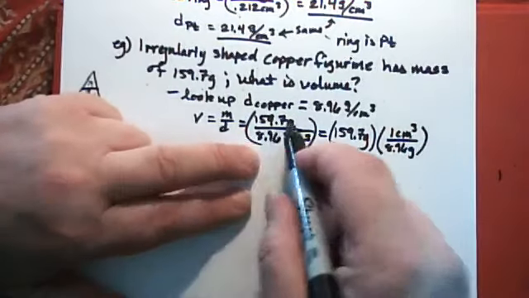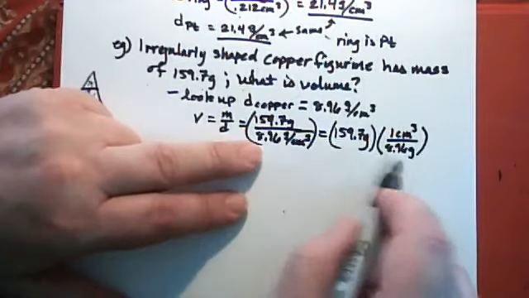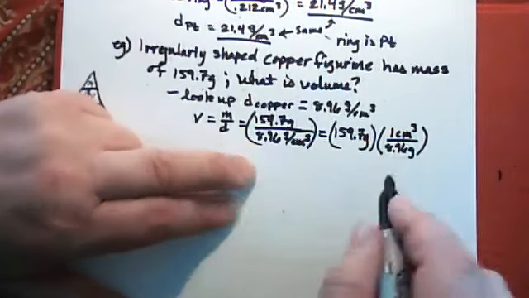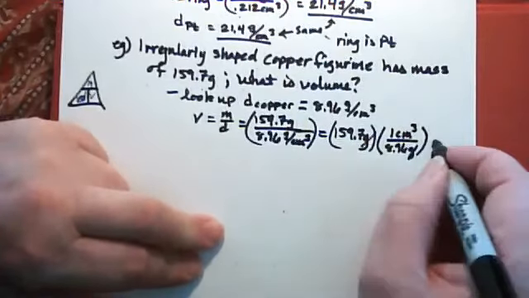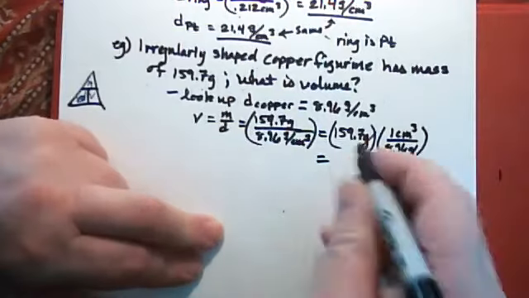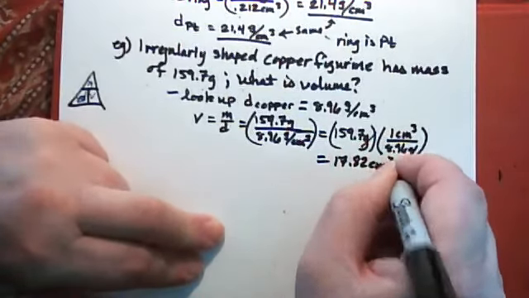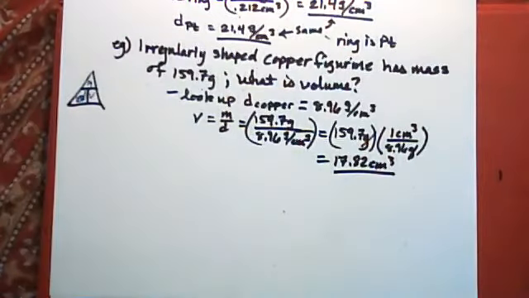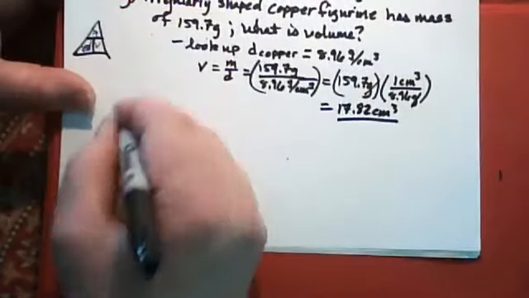You can do this because dividing by something is the same as multiplying by 1 over that thing. Doing it this way makes it clear that grams cancel as a unit, and you end up with cubic centimeters, which is a volume unit. And the answer would be 17.82 cubic centimeters. So now you know its volume.